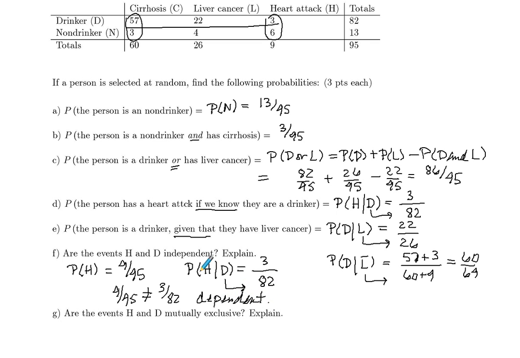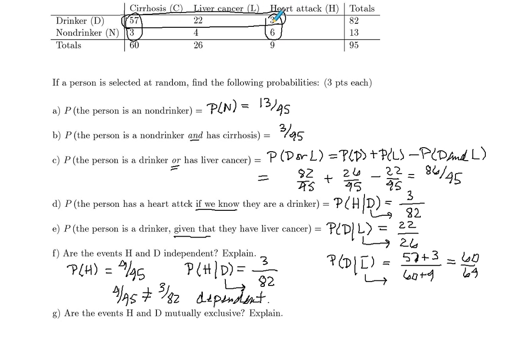This probability depends on whether they're a drinker or non-drinker. If they're a drinker, it's this number. If they're not, it's 9 out of 95. It changes. Are they mutually exclusive? Heart attack and drinker. Well, heart attack is right here, and then drinker is these people here. And we can see that they are not exclusive.